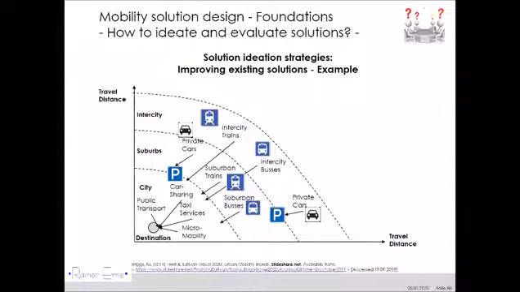And this is one of the reasons that this takes long, costs a lot of money, and is very fragmented, that a lot of commuters commuting inside the city use their car.